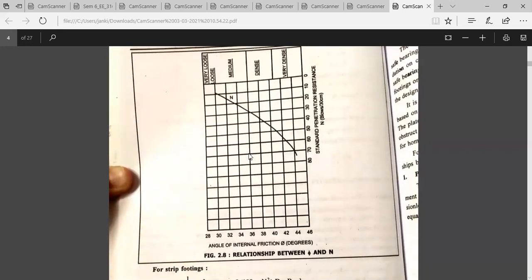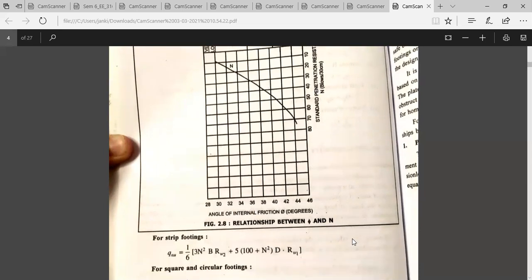Here the relation between phi and N is given. The horizontal axis represents the angle of internal friction phi, measured in degrees, and the vertical axis represents the standard penetration resistance N, measured in blows per 30 centimeters. Types of soil are given: very loose, medium, dense and very dense soil. So this graph indicates the relation between phi and N.